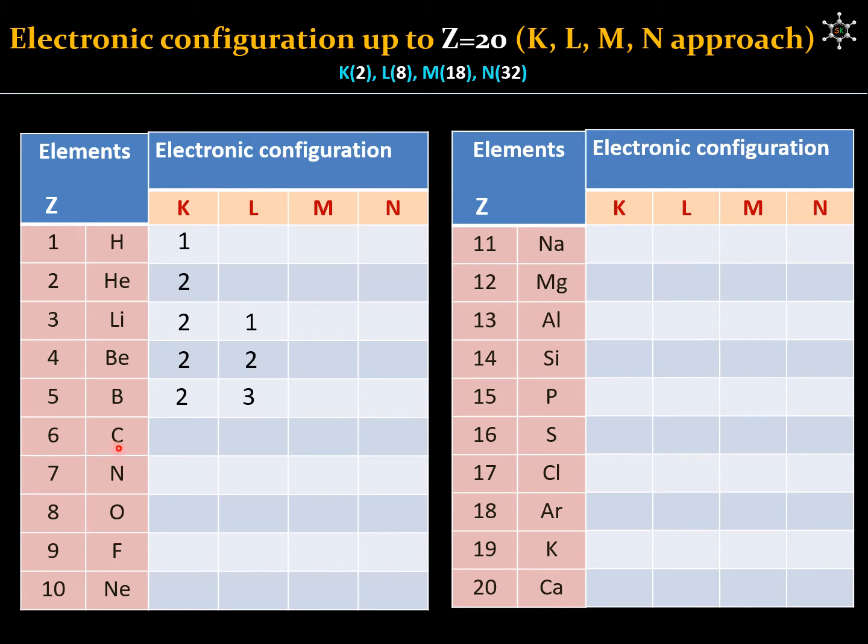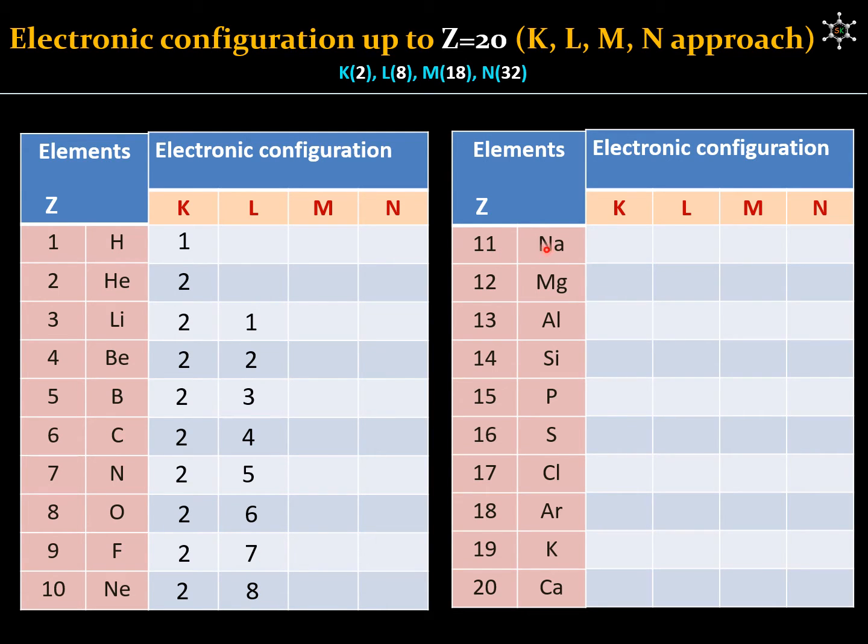Carbon has 6: 2 and 4. In the same manner, nitrogen has 7: 2, 5; oxygen 2, 6; fluorine 2, 7; neon 2 and 8. With this, the L shell is filled.